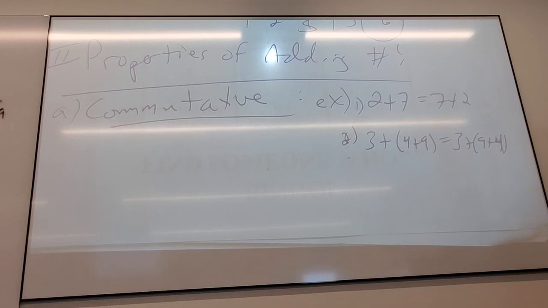The individual numbers, 4 and 9, correct? Does anyone know what property that's sort of related to, but it's not really that property? There's another property that's... That would involve multiplication over addition, yeah. Associative.